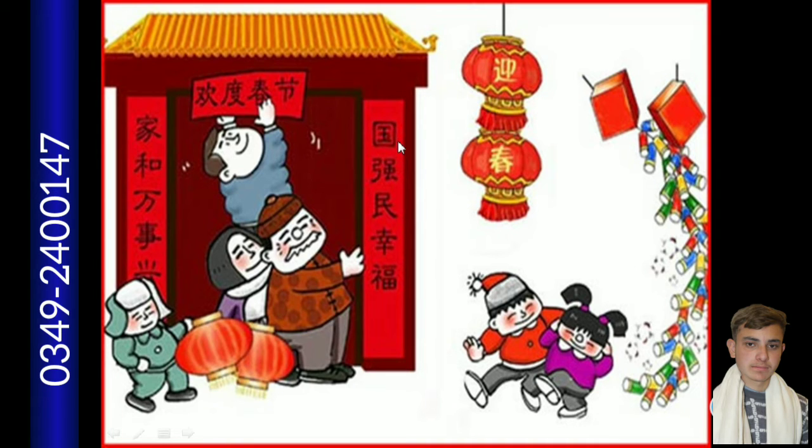On the couplet, we write some words. These words are our wishes for the country or for the family. Normally we write our wishes on the couplet, and then we paste the couplet on the door.